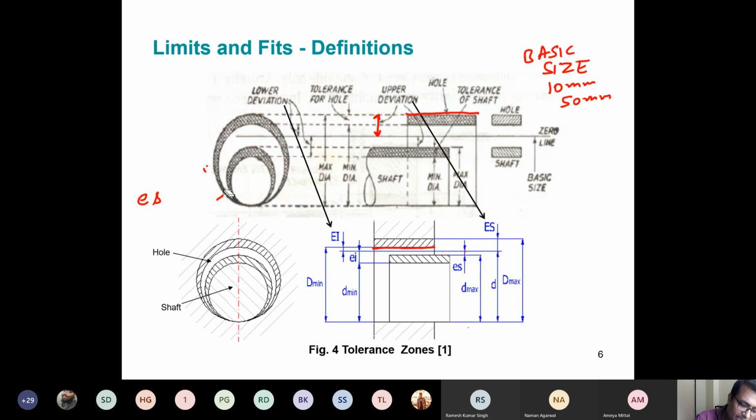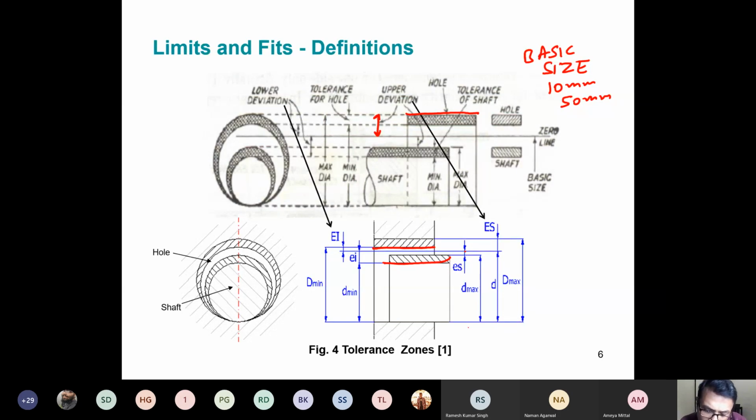Let me just clean it up so that I can go and show. ES is the upper deviation, EI is the lower deviation. Lower deviation means the inner limit of the hole and the inner limit of the shaft, in both.